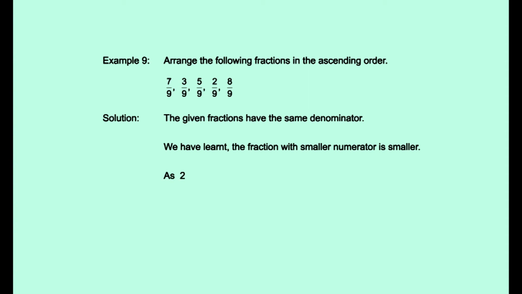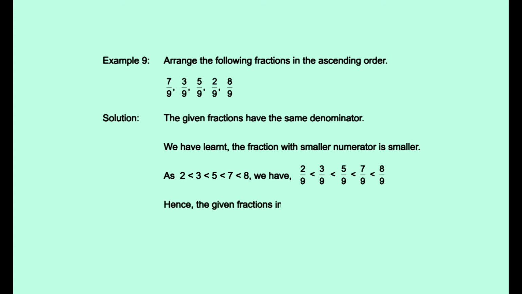As 2 is less than 3, is less than 5, is less than 7 and is less than 8, we have 2 by 9 is less than 3 by 9 is less than 5 by 9 is less than 7 by 9 is less than 8 by 9. Hence, the given fractions in the ascending order are 2 by 9, 3 by 9, 5 by 9, 7 by 9, 8 by 9.